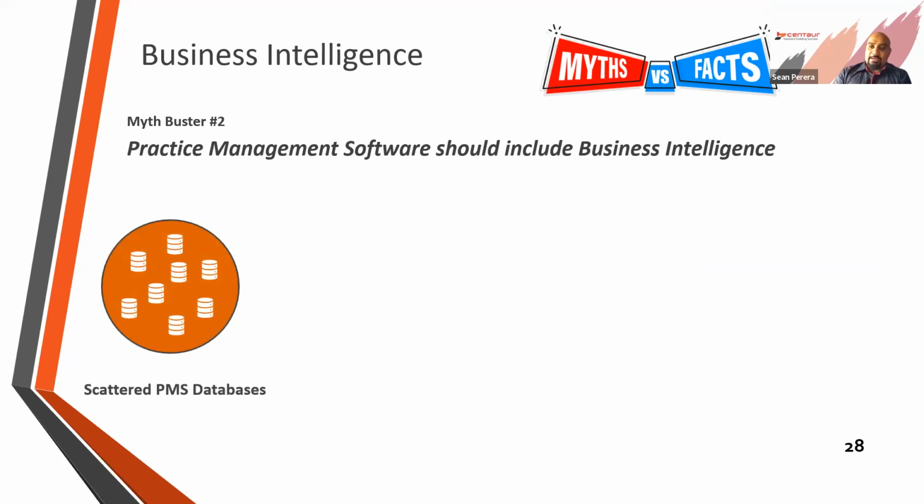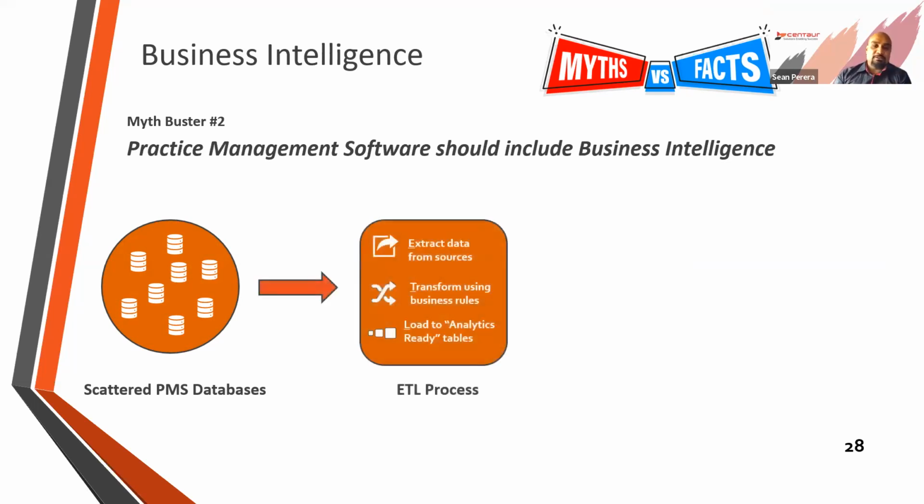Here, what we are looking at is what happens in the background with business intelligence systems. It looks at scattered databases or data sources, and then what we call the ETL process is where it extracts the data, transforms them using business rules, and loads into analytics-ready tables.